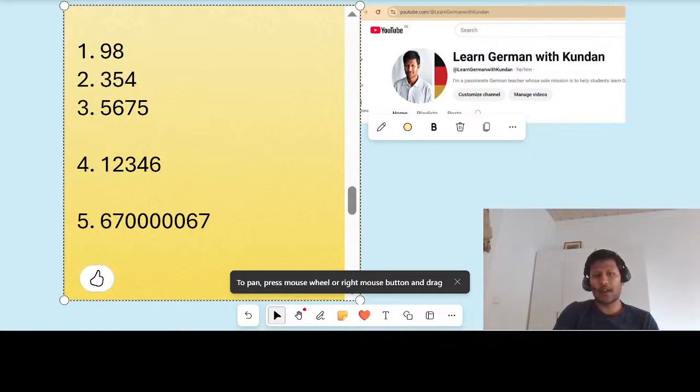First is 98, second is 354, third is 5675, and fourth is 12,346. Fifth, you have to read in millions: 67, then 5 zeros, and then 67 again, and you have to write it in German. If you are able to make these numbers, trust me, you are good with numbers.